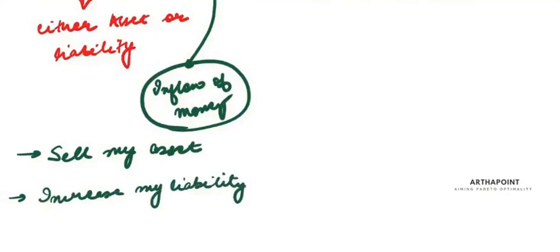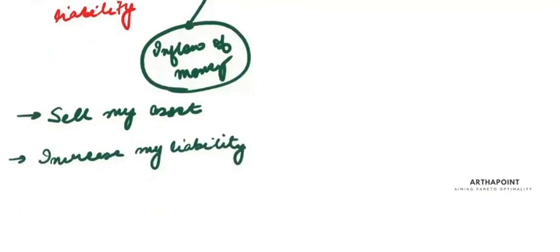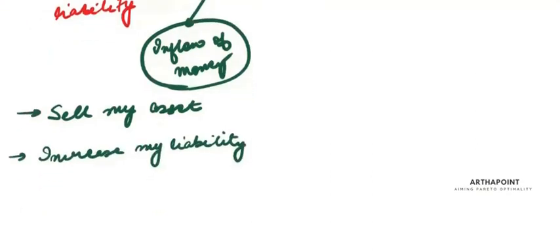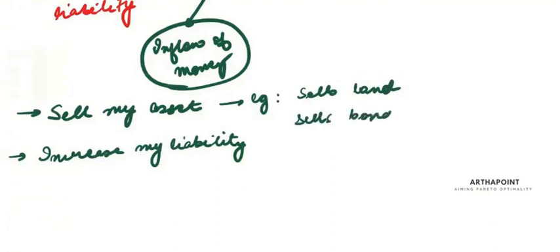Now let's understand what selling an asset means. It can be anything. For example, the government sells some government-owned land to somebody, or the government sells some bonds to the general public, or some public sector undertakings.